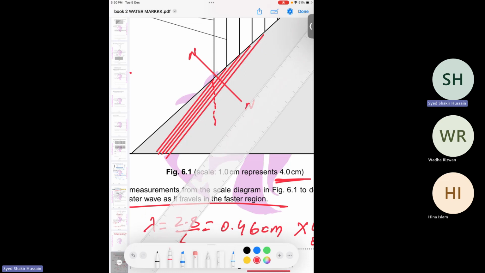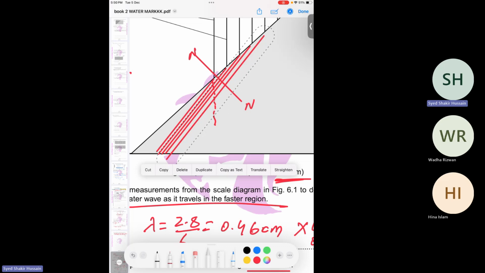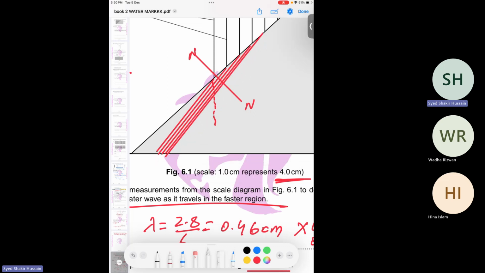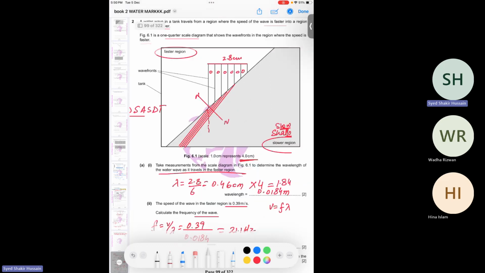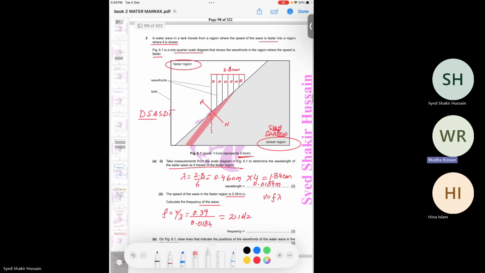All right. So can you see all these wavefronts are parallel to each other, right? And they are equally spaced. And you can see that the wavelength of the refracted wavefronts is less than the wavelength of the incident wavefronts. So that means whenever you go deep to shallow, the wavelength decreases.